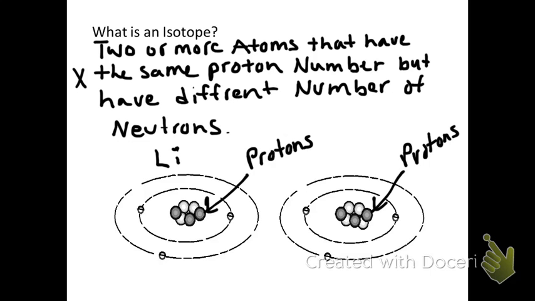Now, because both these atoms have the same number of protons, both these atoms must be lithium atoms and make up the element lithium. But what they differ in is the number of neutrons. And the neutrons are going to be the white ones.